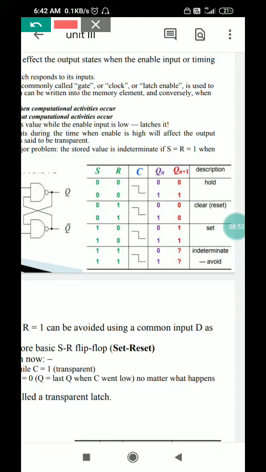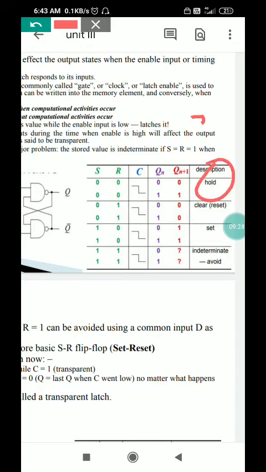It means that for this case, S and R 0, whatever may be Qn, Qn plus 1 will always be equal to Qn. So Qn will continue to remain as it is. That is why in the description column it is said that the SR flip-flop will hold the data. Whatever is the Qn, it will continue.